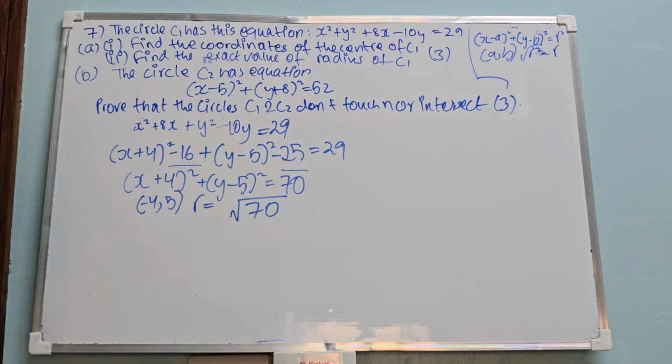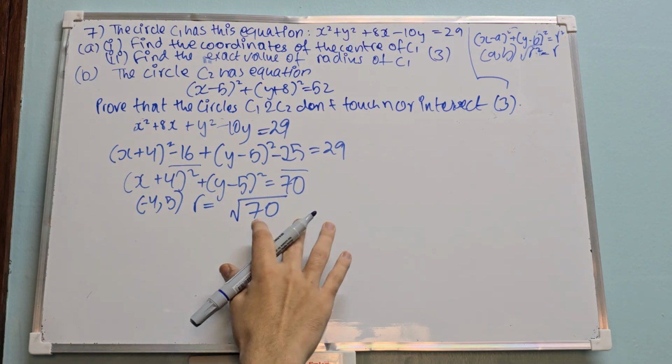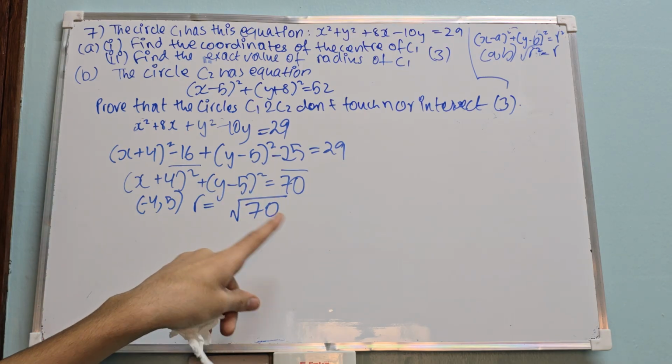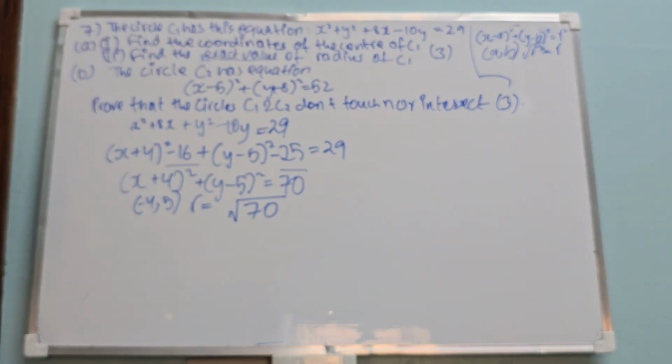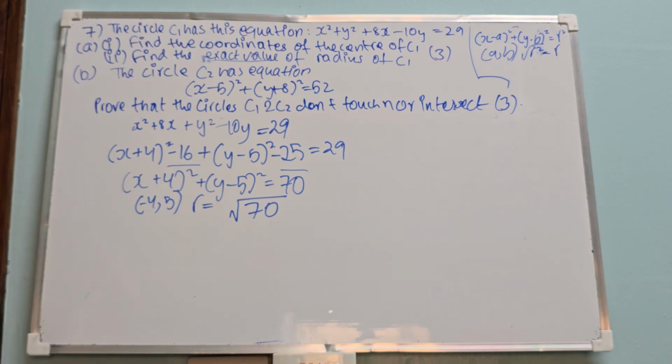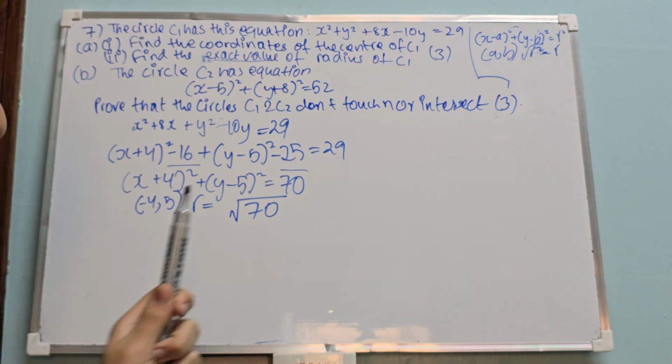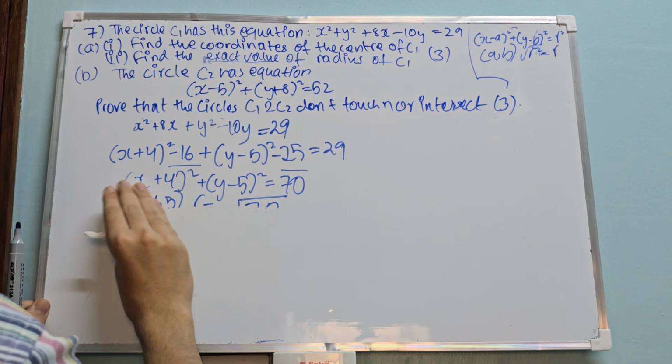There is no need to do any further thing over here. You just leave it in this form, as it says exact value. So this is the answer to this question. Here's our 3 marks done.